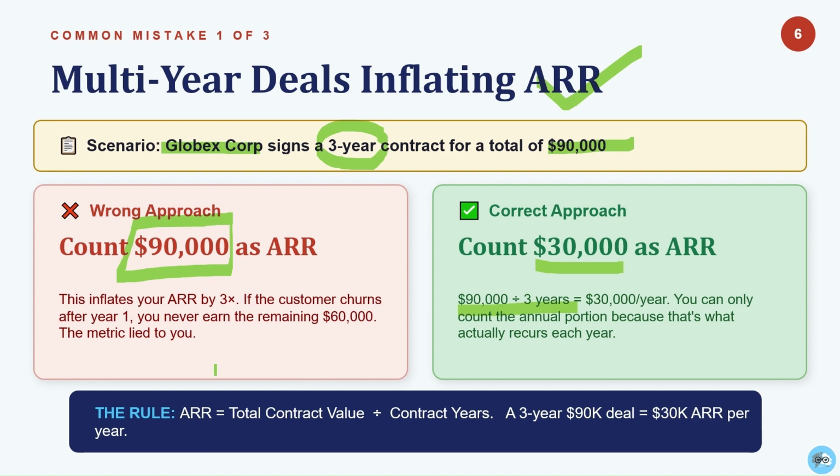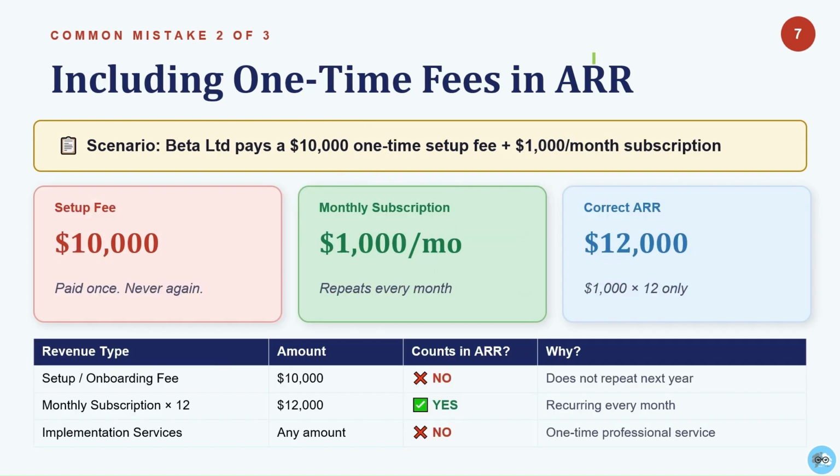Moving next, we have including one-time fees in ARR. Generally, whenever we are using a service, we need certain help with setup, professional services. So, what companies do is consider that also as their ARR or MRR. The problem here is that setup fees of, say, 10,000 are paid once and never again.